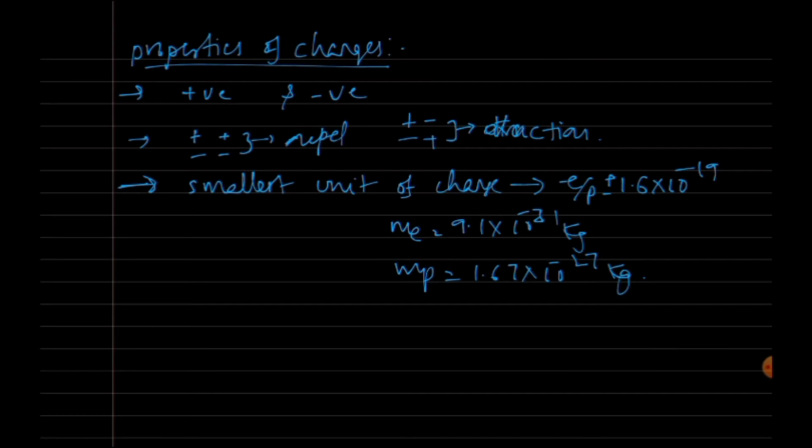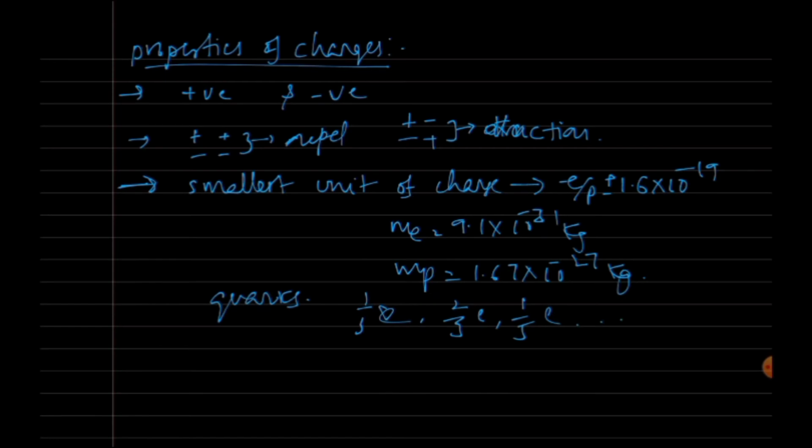But there are still smaller charges that exist, and the particles that possess these smaller charges are known as quarks. They will have 1/3 e, or 2/3 e, or something of the sort.